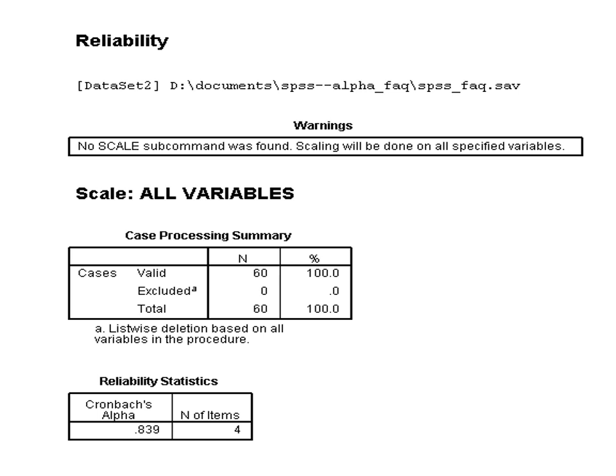The number of items in the questionnaire is 4, and the Cronbach's alpha value shown is 0.839, which is acceptable, even good. It means the data is reliable, and it indicates you can take further statistical tools for interpretation of your data.